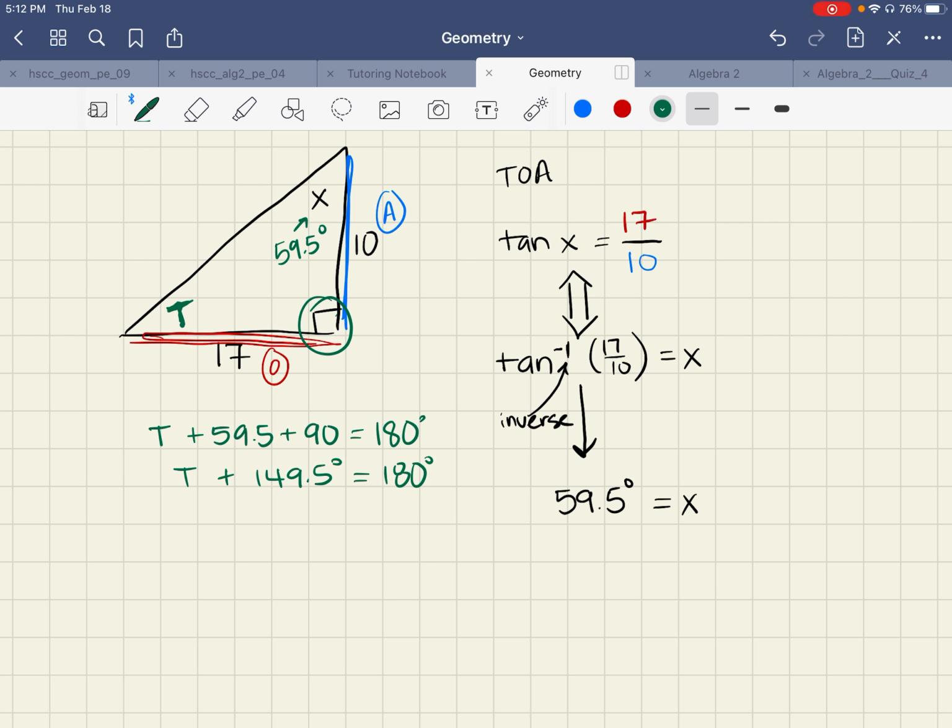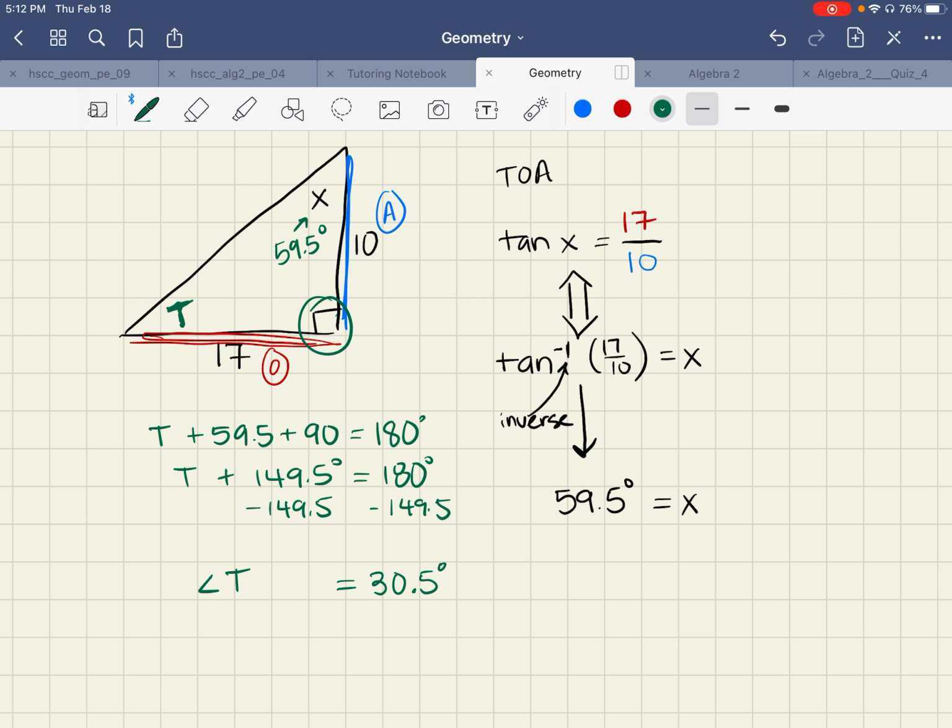Then we subtract 149.5 from both sides, and we find that the measurement of angle t is equal to 30.5 degrees. And this is what I want you practicing.